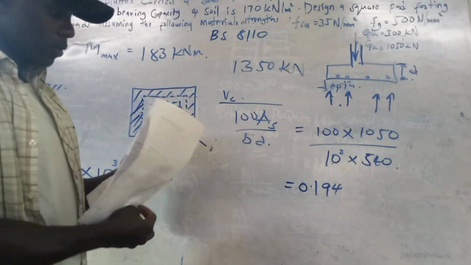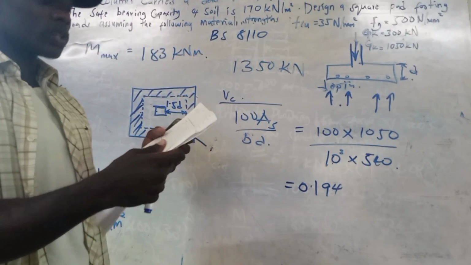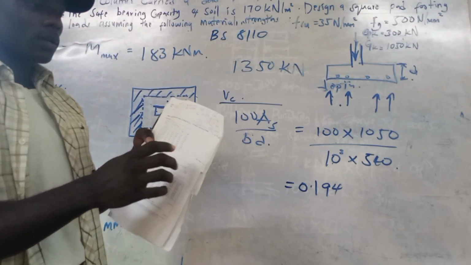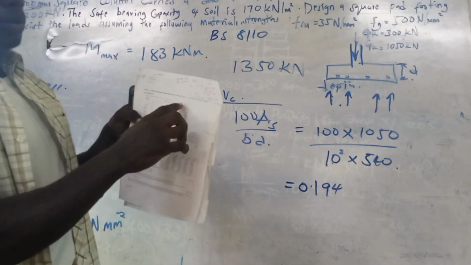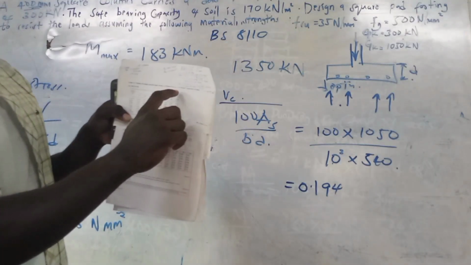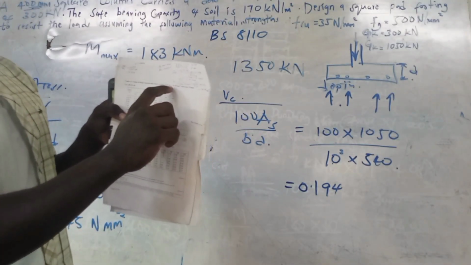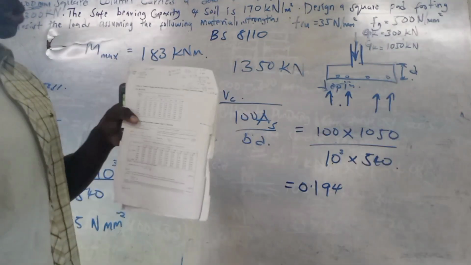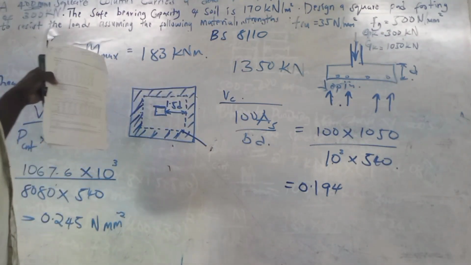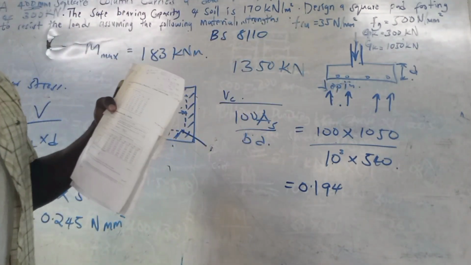Okay, then you move to your design table, for values of design concrete shear stress in newtons per millimeter squared. Remember, the BS code is giving you values for characteristic strength of concrete to be 25 Newton per millimeter squared. But then our design requires us to work out for 35 Newton per millimeter square.